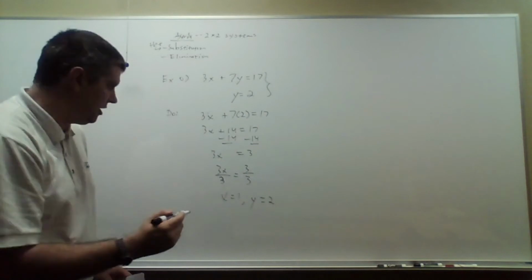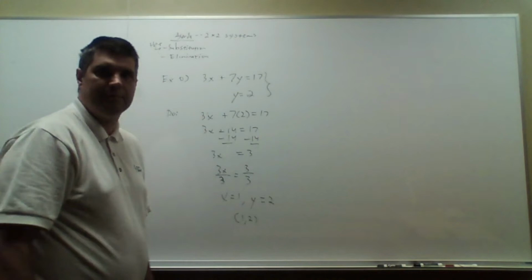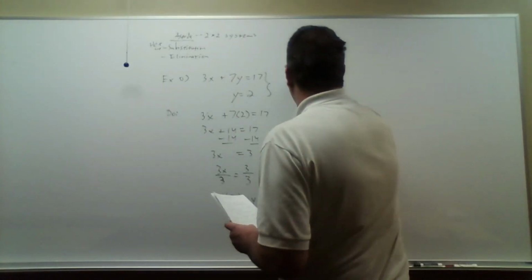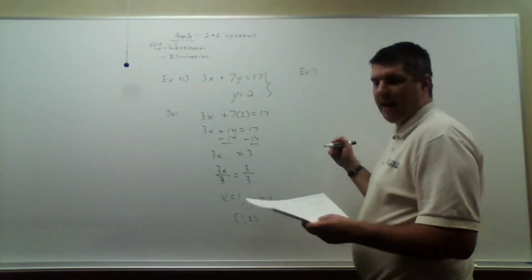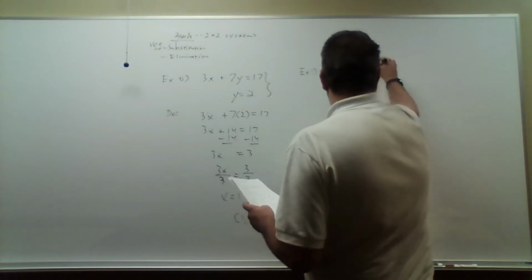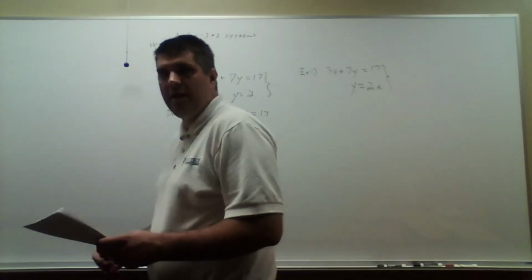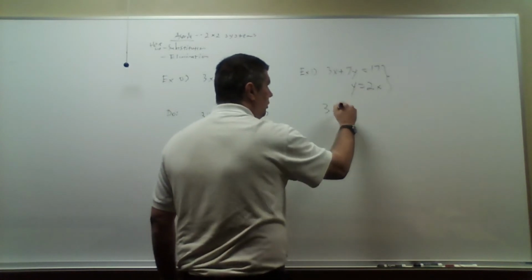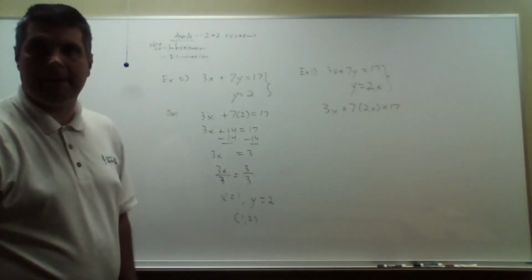So in ordered pair notation, the x would come first, the y would come second. Now, that's different from a problem like this one, which you may not have had before you were introduced to intermediate or a late beginning algebra class. This is going to be 3x plus 7y equals 17, and this time y equals 2x. That's the same general idea. You're going to replace the y with 2x.